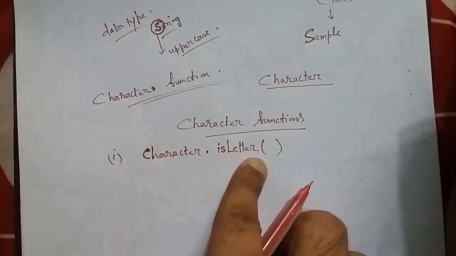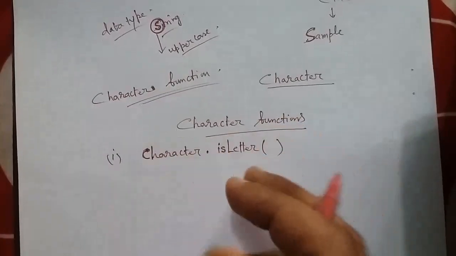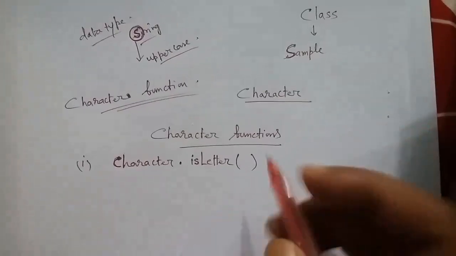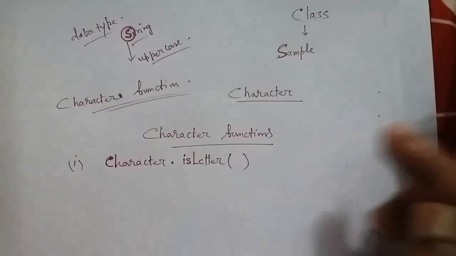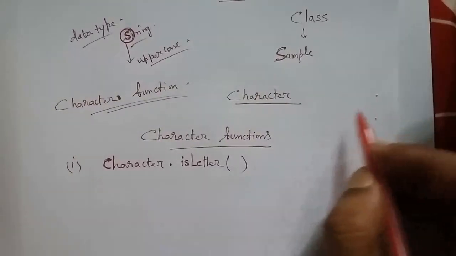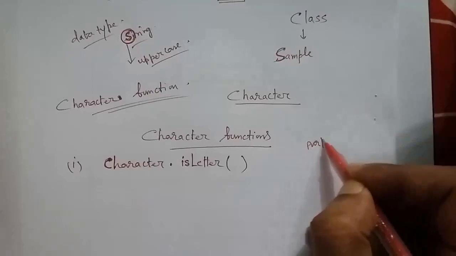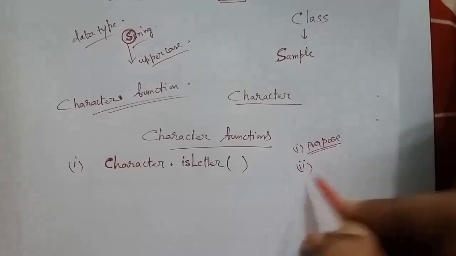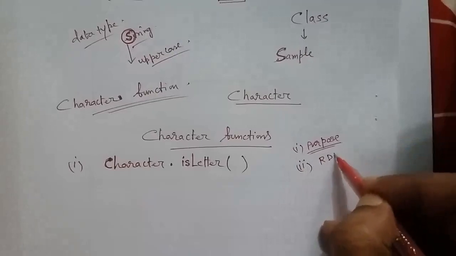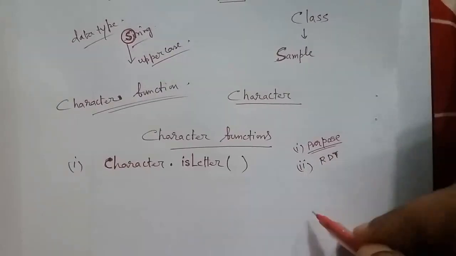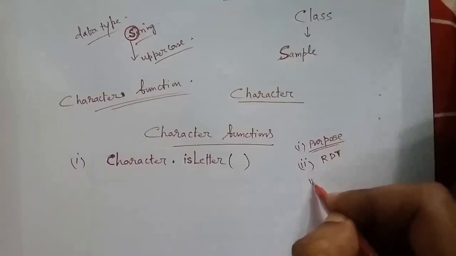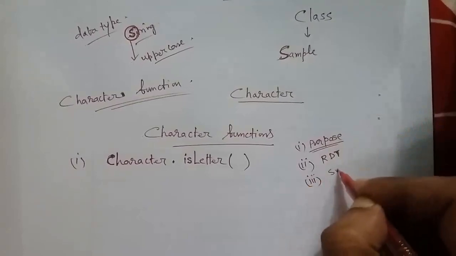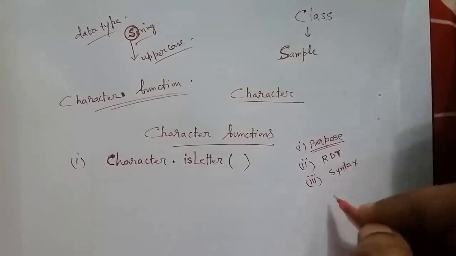So at first, Character.isLetter. What is the purpose of this function? About every method you must know four things. Number one is the purpose. Number two, you must know the return data type. Third, you must know the syntax of the method, which is very important.